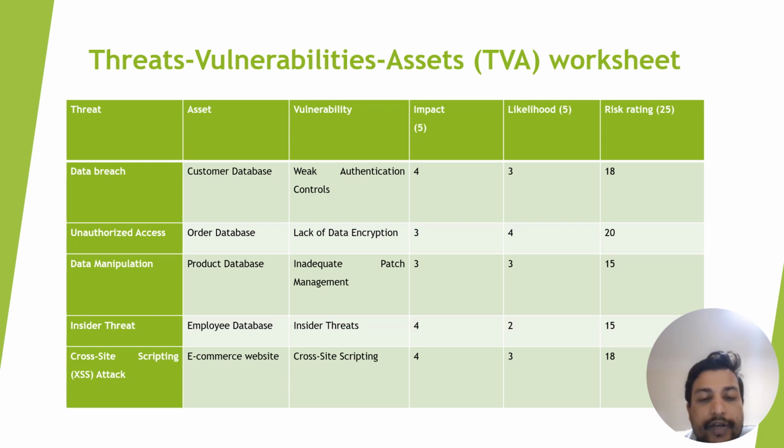On data manipulation, the impact and likelihood are the same, which is 3. On insider threat, the impact is 4 and the likelihood is 2. And for cross-site scripting, the impact is 4 and the likelihood is 3.